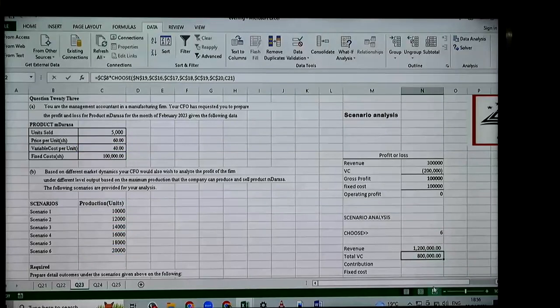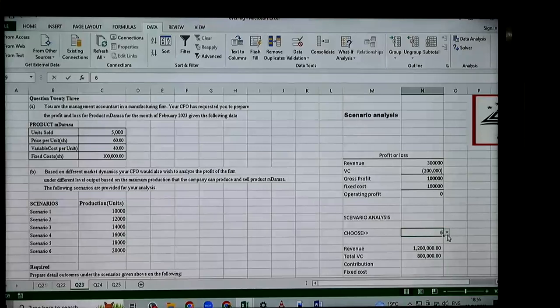So we are now creating a sensitivity table for a scenario table, because the difference between scenario and sensitivity is that for sensitivity you are not given the precise units that they want you to find the sensitivity of. But for scenario, like here, we've been told 12,000, 14, 16, that way.